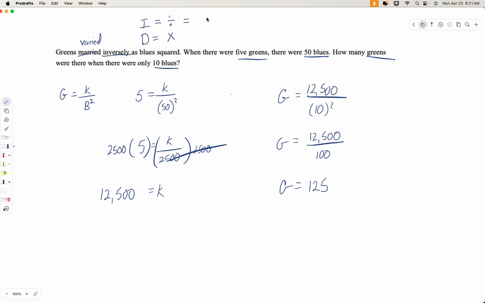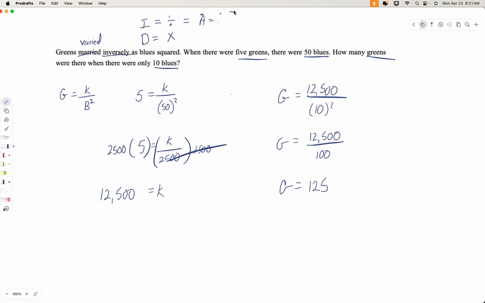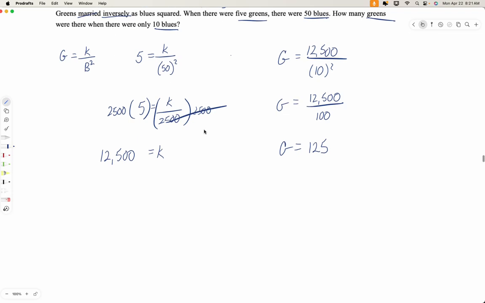The first looks like A is equal to K over B, and the multiplication looks like A is equal to K times B. So inverse is division, A equals K over B. Direct, then it's multiplication, A is equal to K times B. Those are our two different formats that we use for vary or proportional problems. Let's look at the next one.